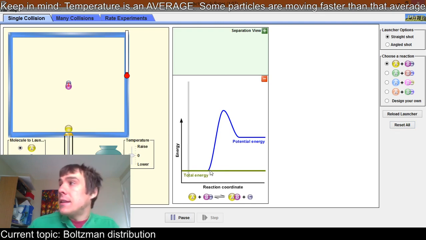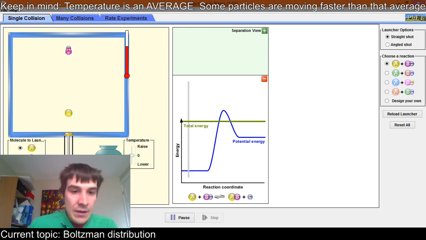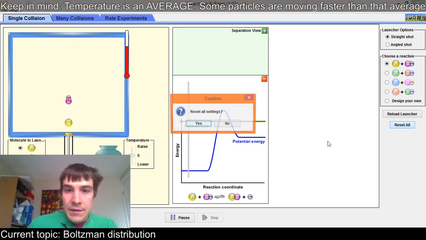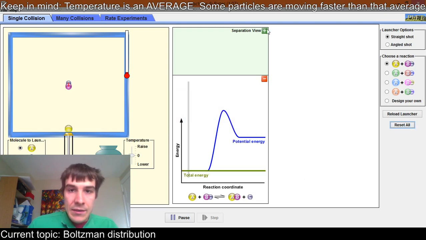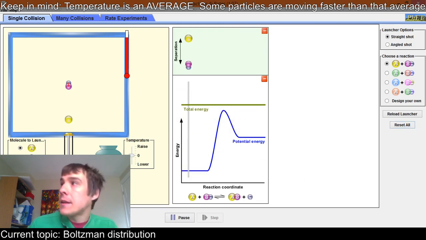Here's the energy hump that I have to get over. And if I pull back enough and I make enough energy, right? If I don't go all the way up the energy hump, there's no reaction. And if I reset, if I go past the energy hump, like that, now I get a reaction.